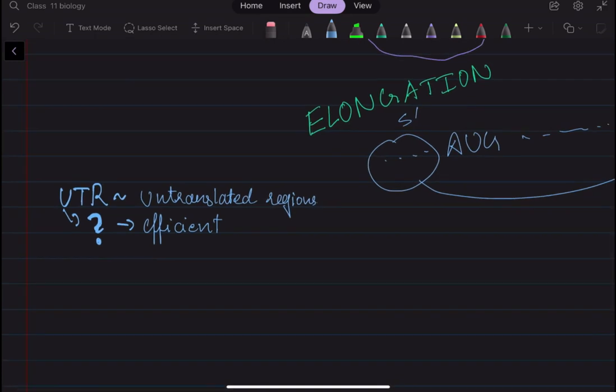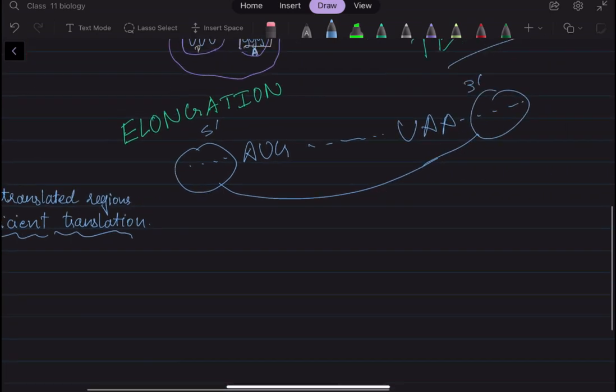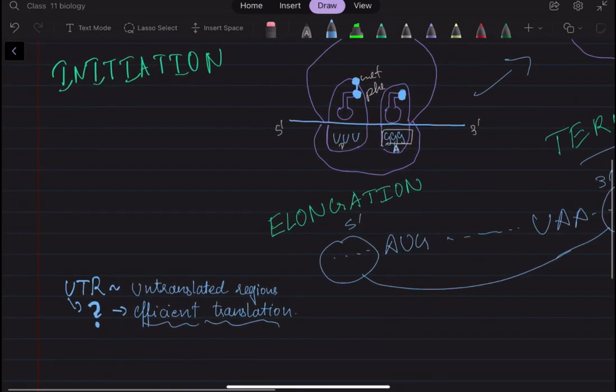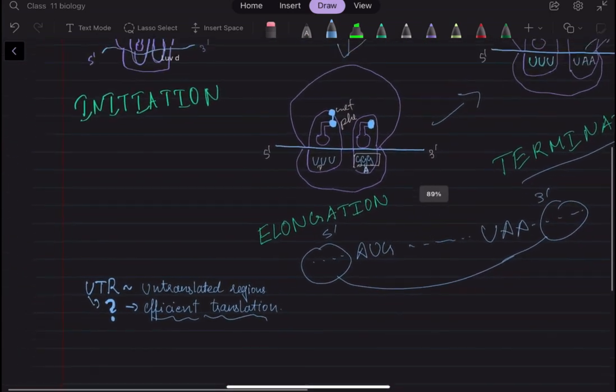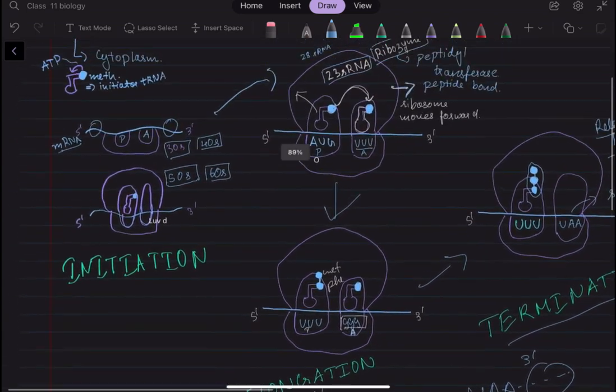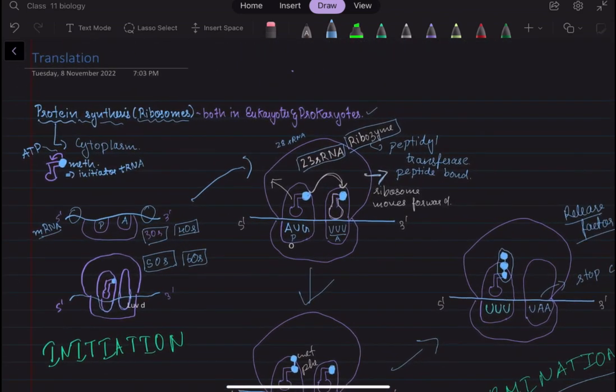They are known to be required for an efficient translation process. So for translation to go on smoothly and efficiently, they are known to be required. This was about translation.